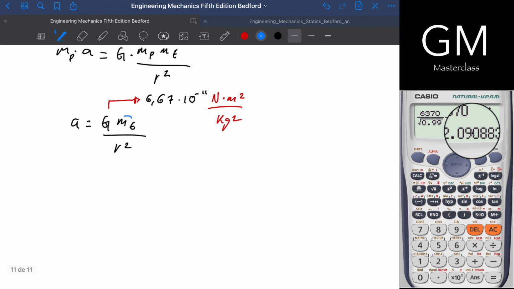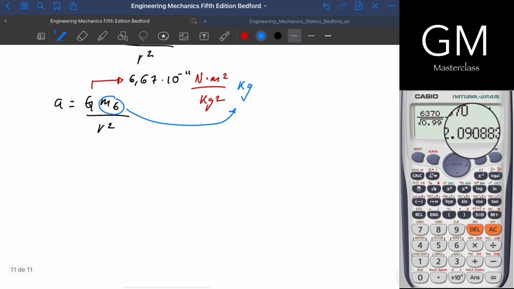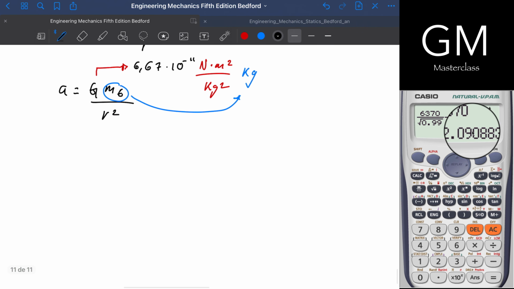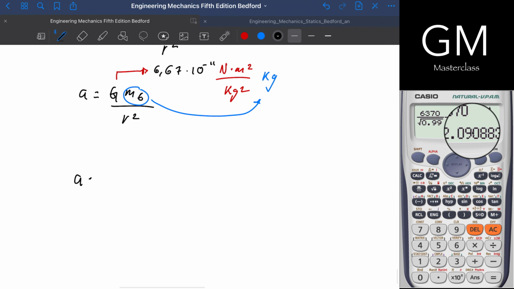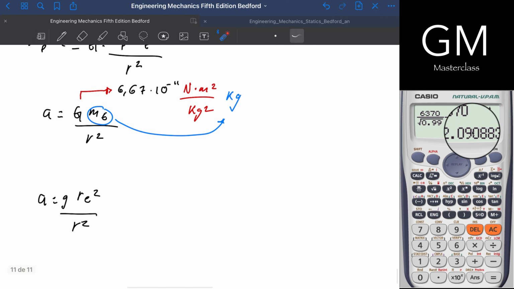And I'm going to multiply it by the mass of the Earth, which is given in kilograms. Now, because of this, I could change the upper side of the division of the equation to this. Why is that? Because I could play with these units.